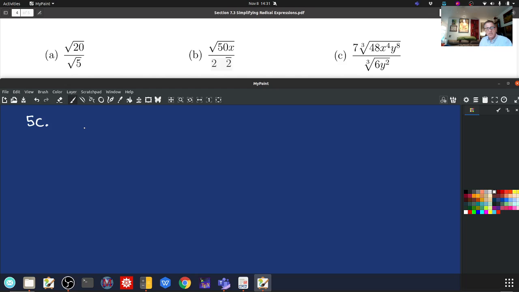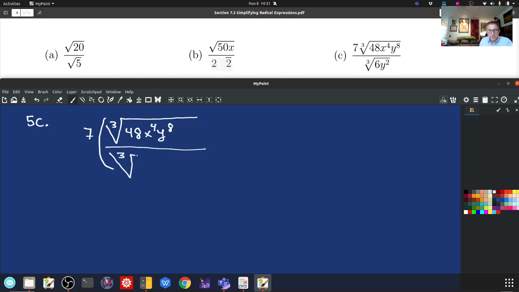So this is 7 times the cube root of 48 x to the 4th y to the 8th over the cube root of 6y squared. So let's just literally use my index rule first.